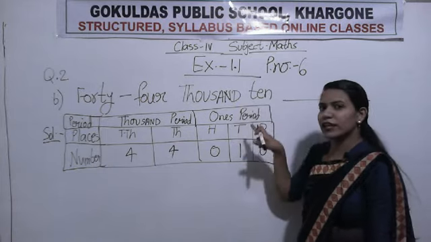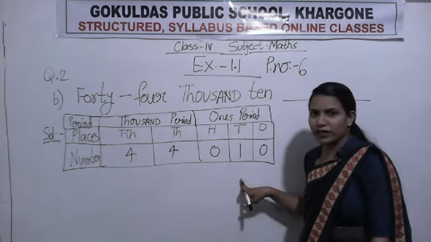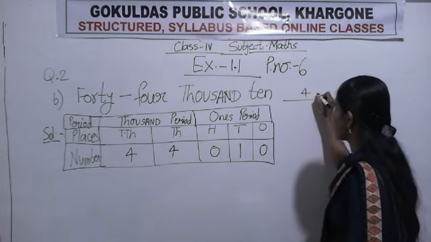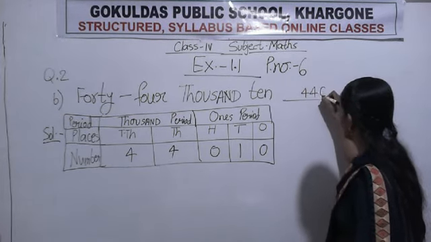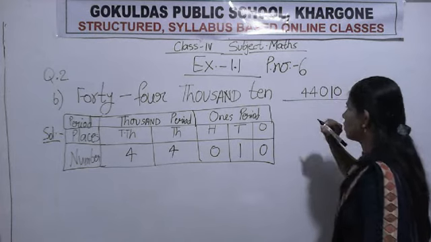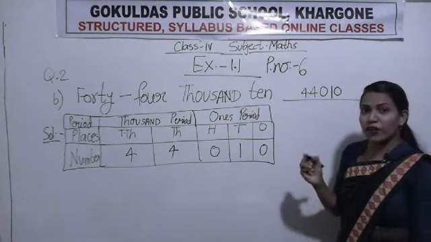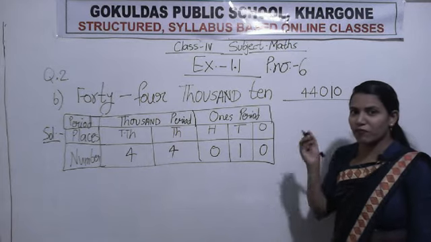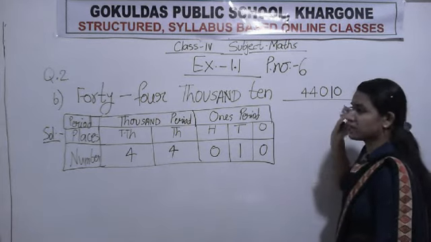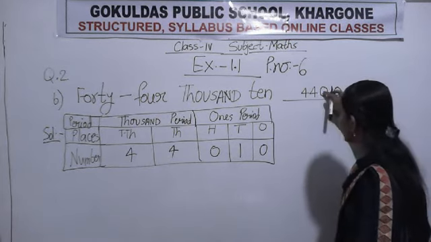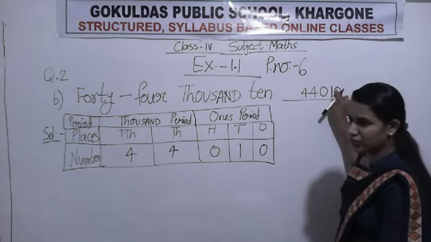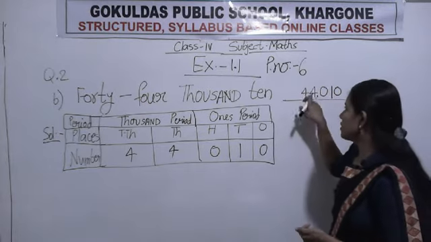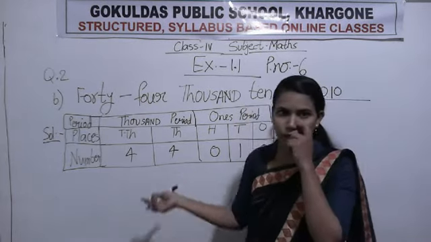Number name was given and you have now written the number. So what is your answer? 44,010. Now put commas according to the Indian system. According to the Indian system, we place commas from the right side of the digits. We start leaving digits: 1, 2, 3 digits, put a comma. Then after 2 digits, put a comma. Then after 2 digits, put a comma.